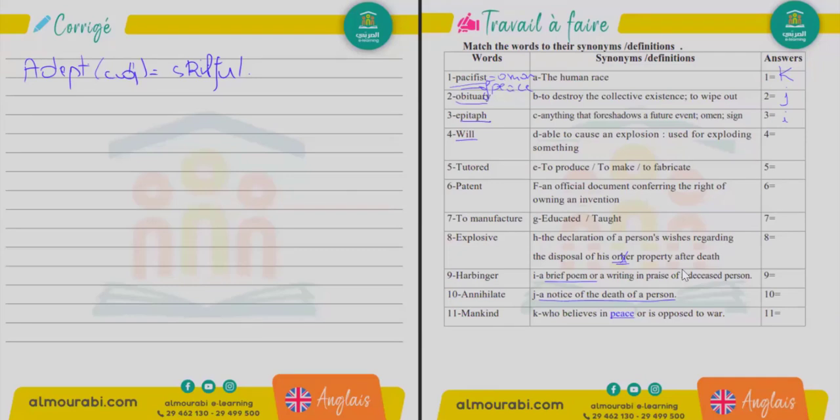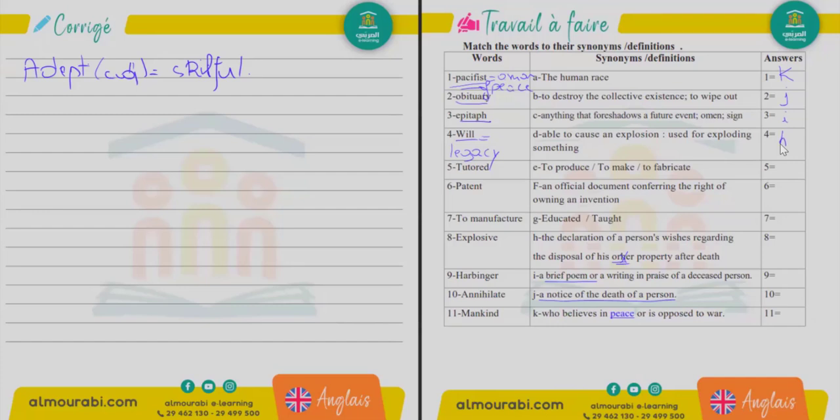Very good. We call it a will or legacy. That's simply a statement which states to whom your property will be given after death.